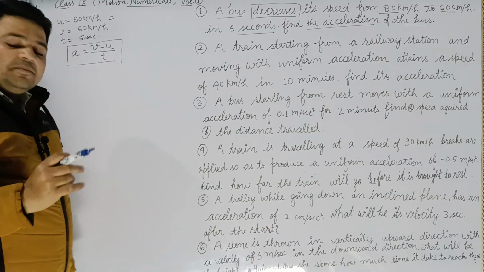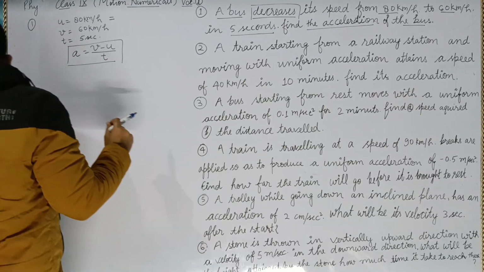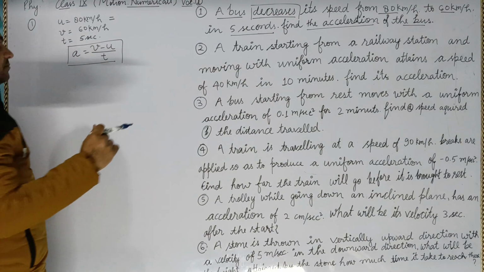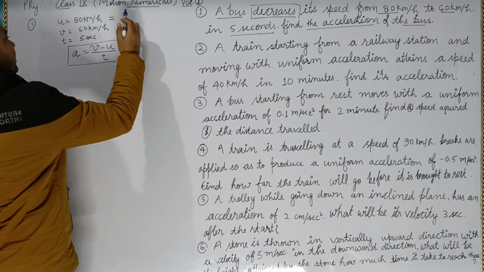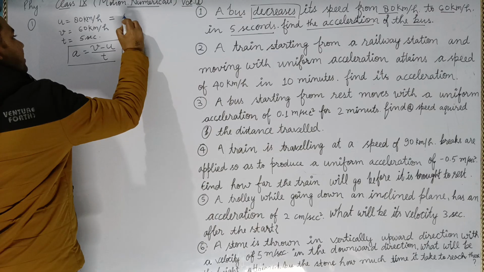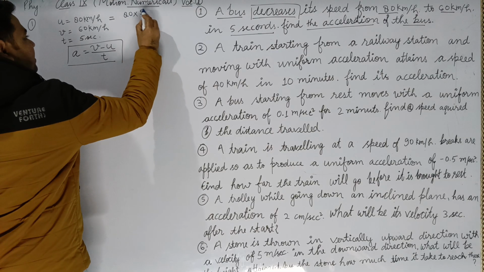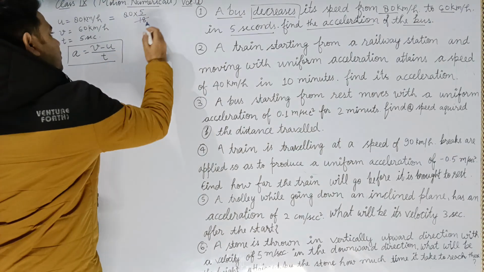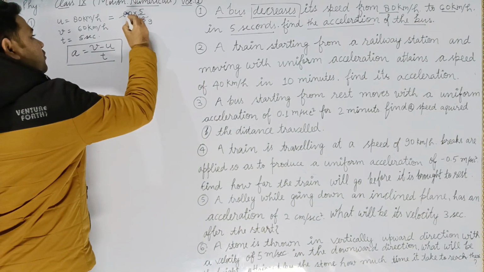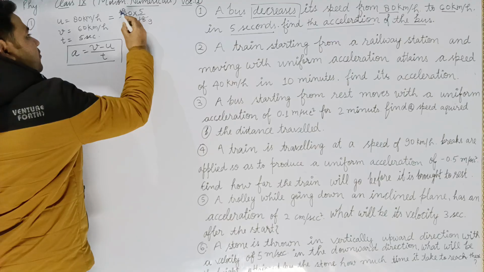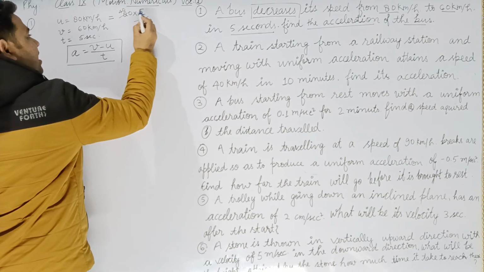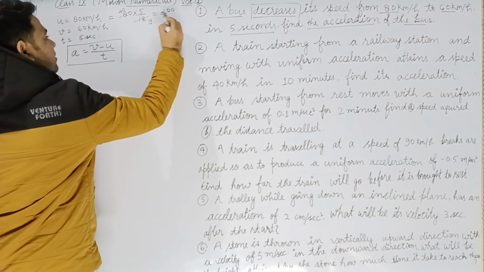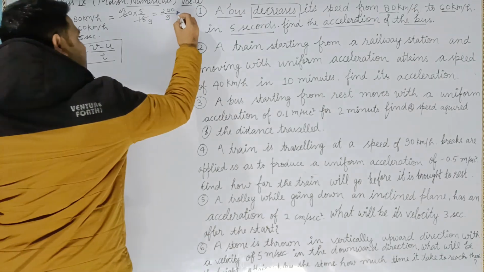When we convert kilometer per hour to meter per second, we multiply by 5 upon 18. 80 into 5 upon 18: 2 nines are 18, 2 fours are 8, 5 fours are 20, so it is 200 upon 9 meter per second.